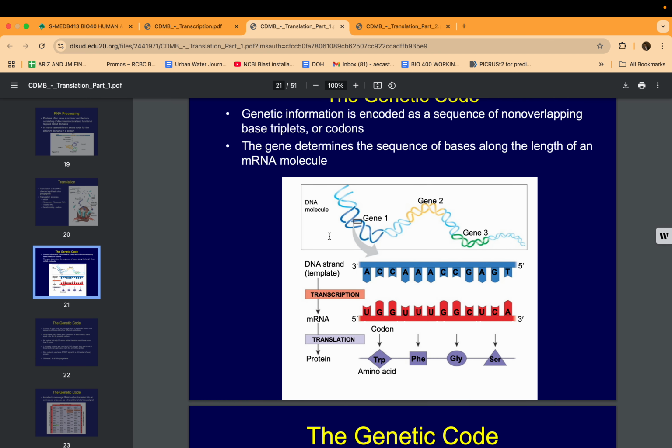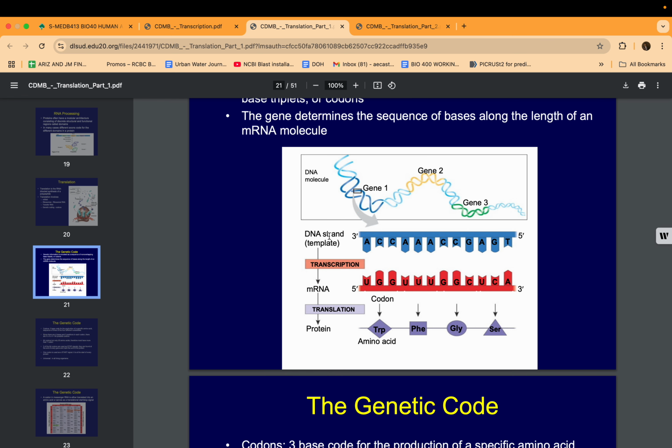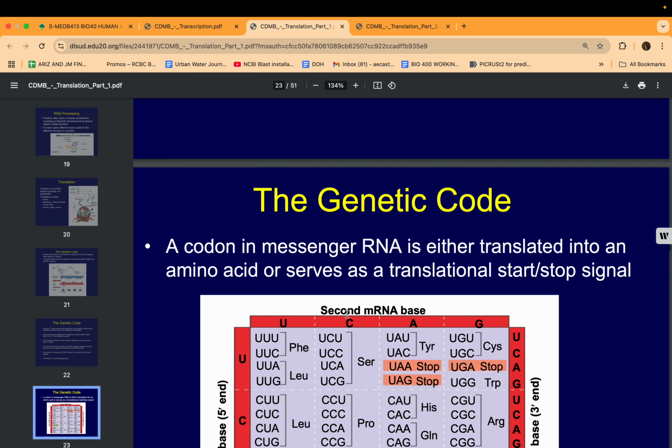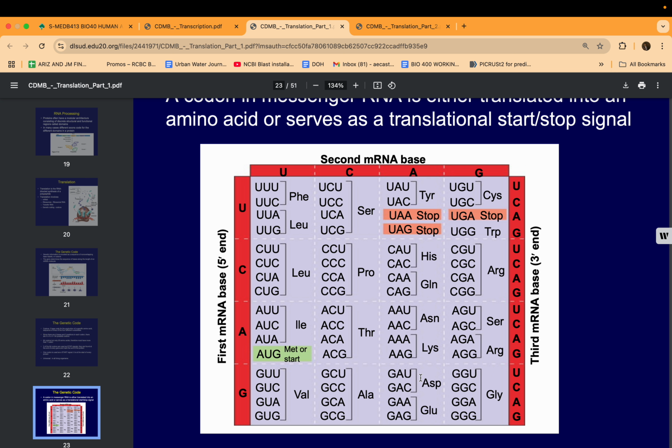Let's take a look here. From translation, we read the following codons. UGG corresponds to TRP, so there's TRP here.